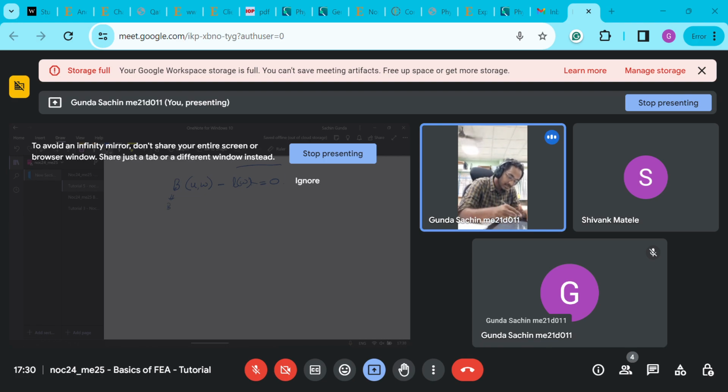The weight form would look like this, and only this one is bilinear.